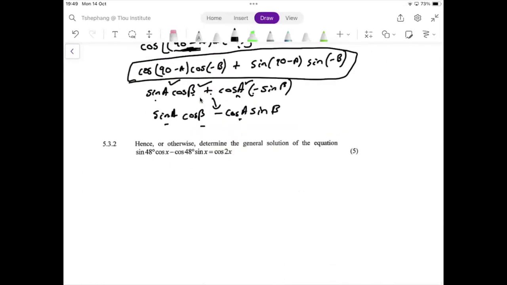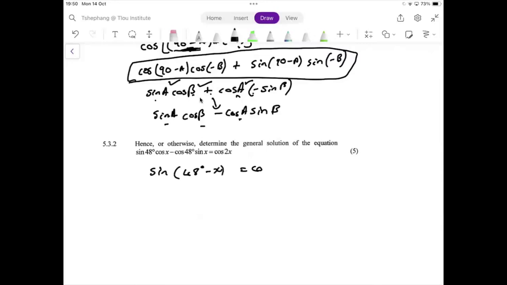Okay, now 5.3.2. Hence or otherwise determine the general solution of the equation sine 40x cos of x minus cos 48 sine x is equal to cos of 2x. All right, so what we need to remember is that this, we can say it is sine of 48 degrees minus x, right?